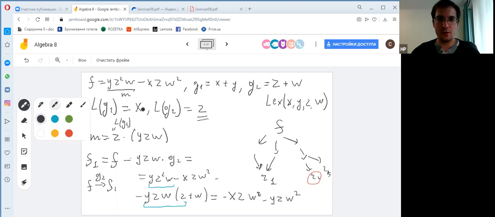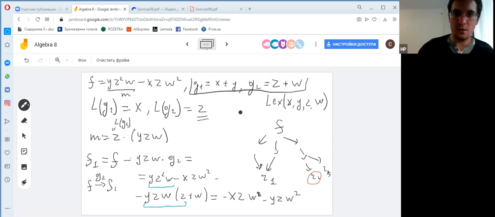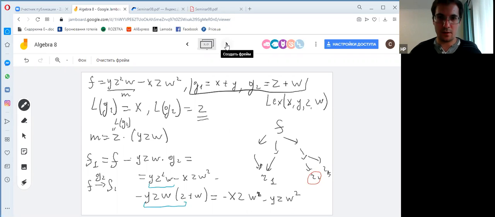And then I must think, can I reduce this polynomial by my system, these two guys? If I have a term in my polynomial which is divisible by x or by z, yes, I have. So I can reduce this guy, but I need to go to the second frame.